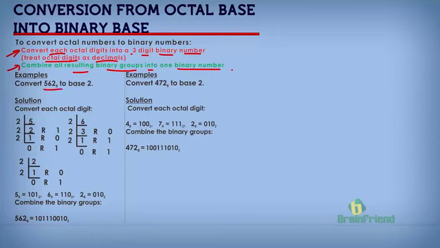Example, convert 562 base 8 to base 2. So we are treating each digit there as 5 base 10, 6 base 10, 2 base 10. We're treating them as individual digits.